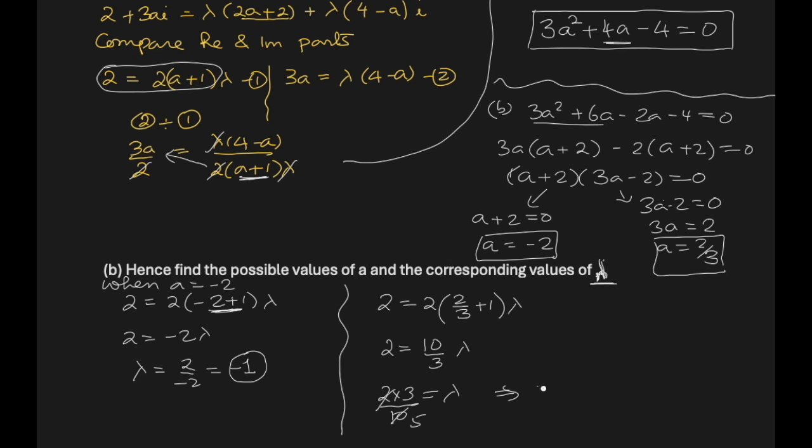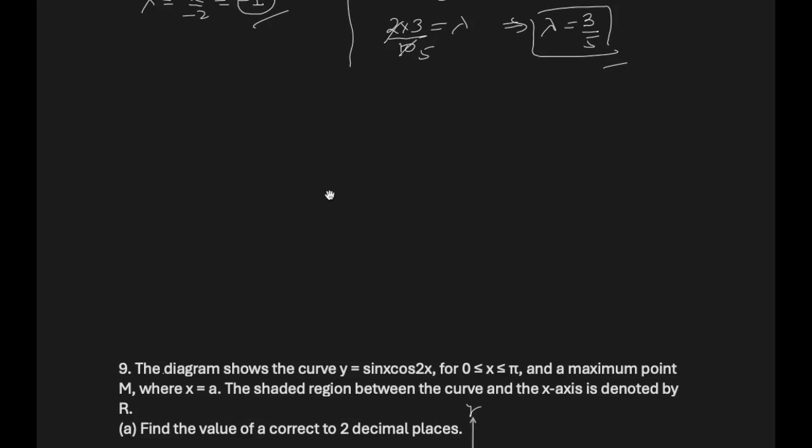So got it. Lambda is 3/5 when a is 2/3. Got all 4 values. Shall we go ahead? Yes.